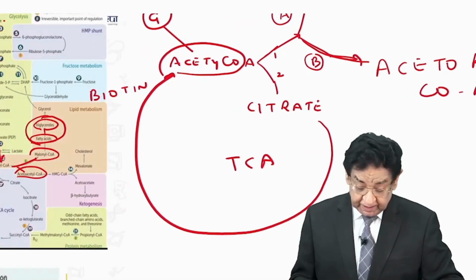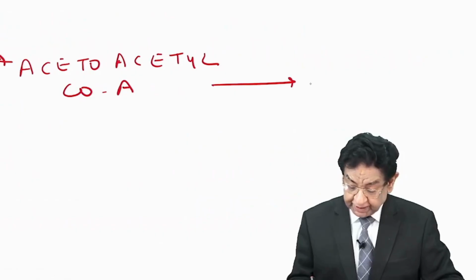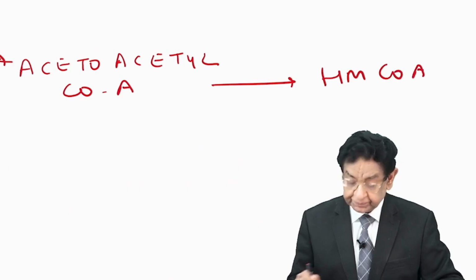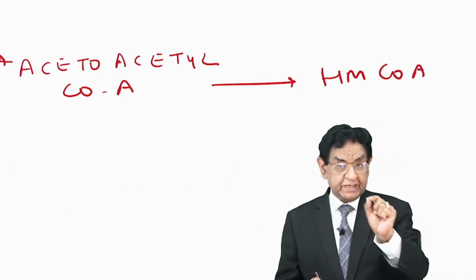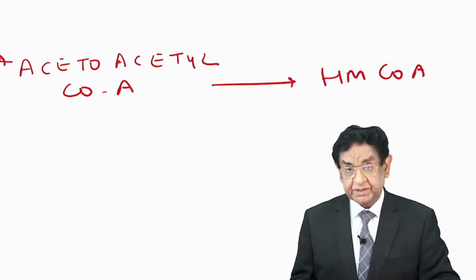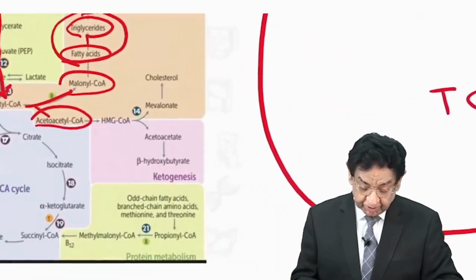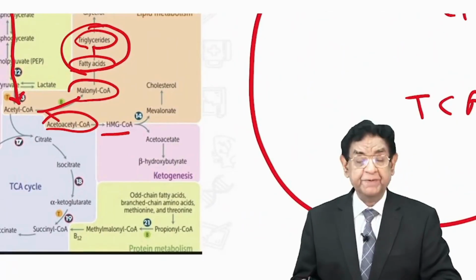Now this is converted into HMG-CoA. So acetoacetyl coenzyme A gets converted into HMG-CoA. Well, we have reached this spot, HMG-CoA.